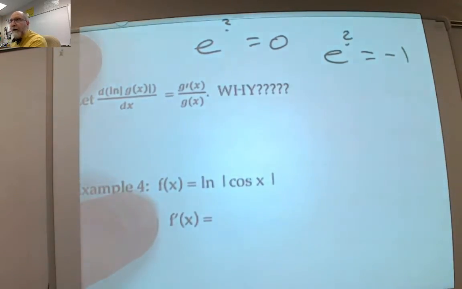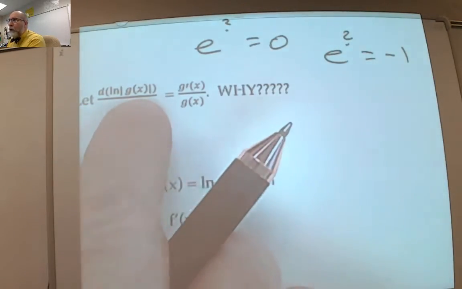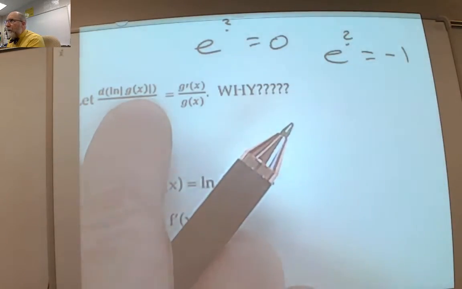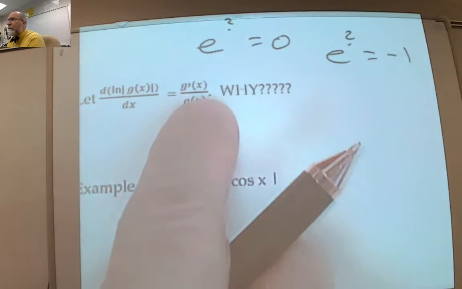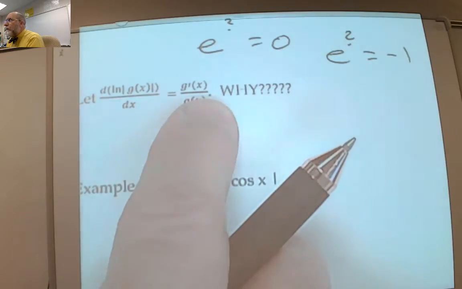There isn't any, is there? So what we do to protect the natural log from negative numbers is we change the function. We put in absolute values so we know that the value is always going to be positive. All right? However, when you take its derivative, the absolute value symbols disappear because the derivative can be negative because it tells you where the function is decreasing. Does that make sense? So you don't have to do anything special. That's what I'm trying to tell you.